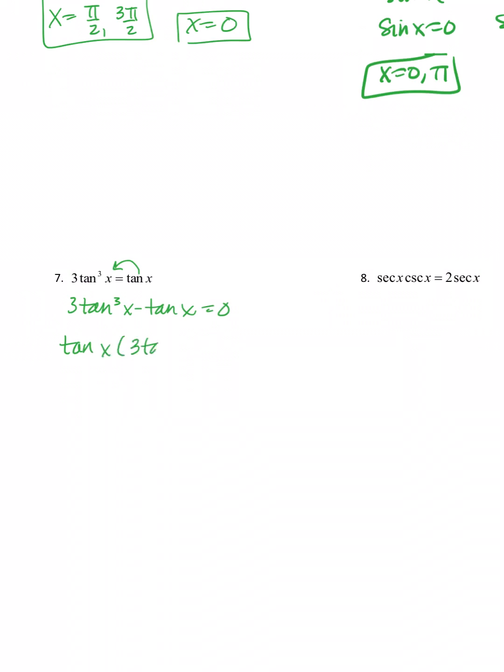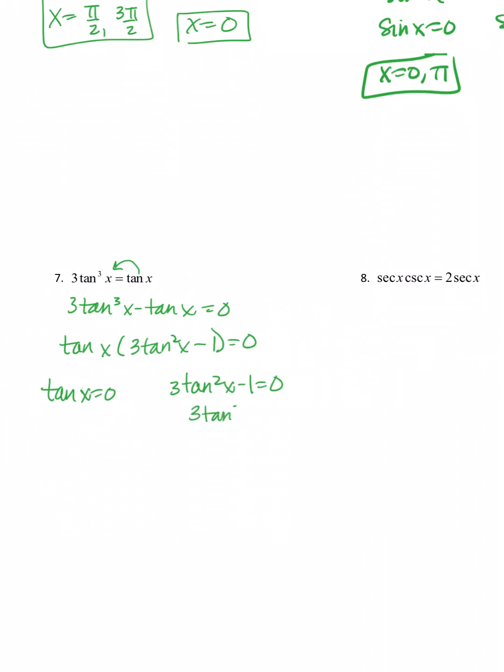That would leave me 3 tangent squared x minus 1. So then it's, where's the tangent of x 0, not 0? And then where is 3 tangent squared x minus 1 equal to 0? All right, I'm going to keep solving over here for now.